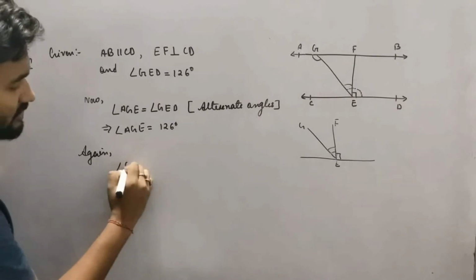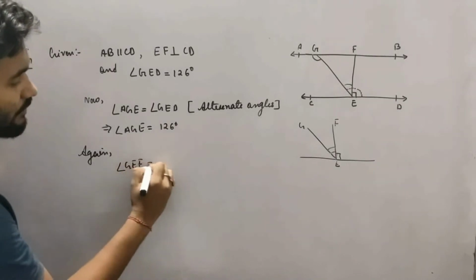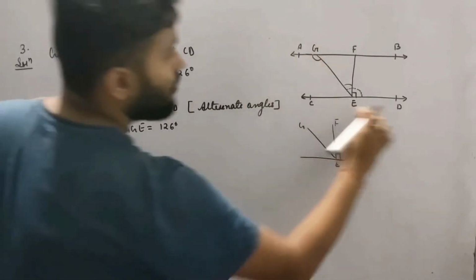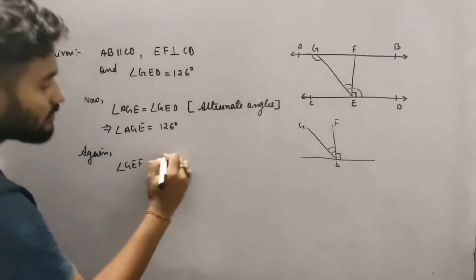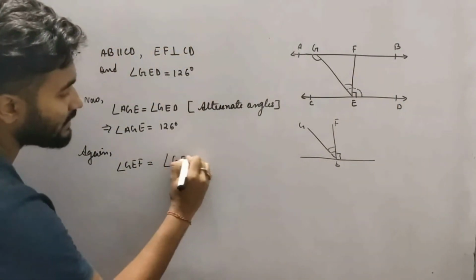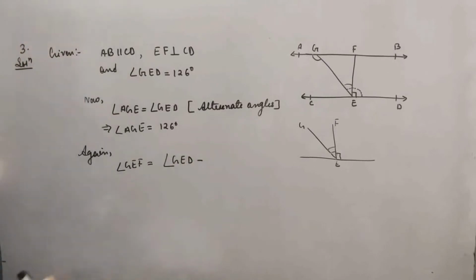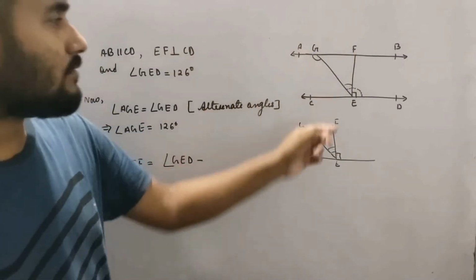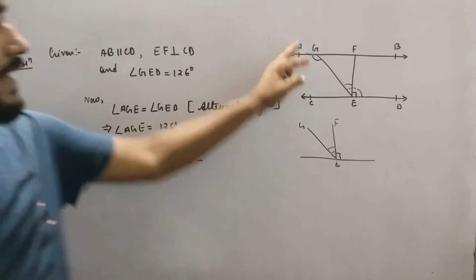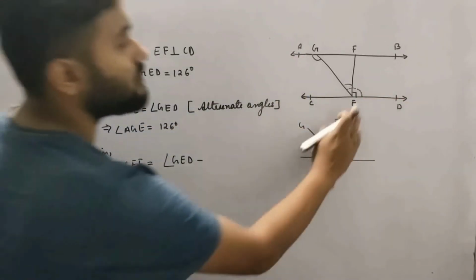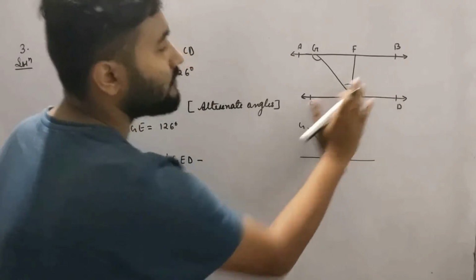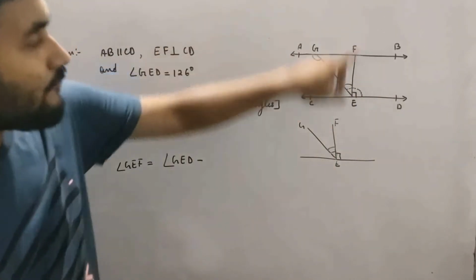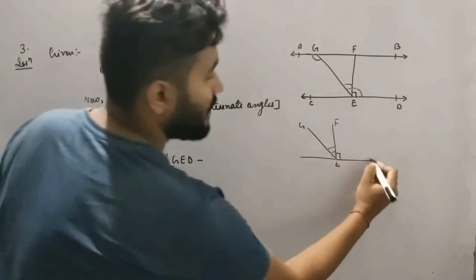So again, angle GEF will be equal to what? From this complete angle GED, if I subtract this part, what is the name of this part? Angle FED. Over here it is D, right?